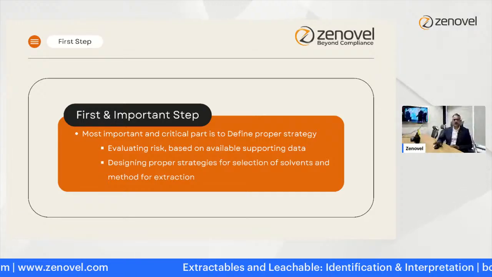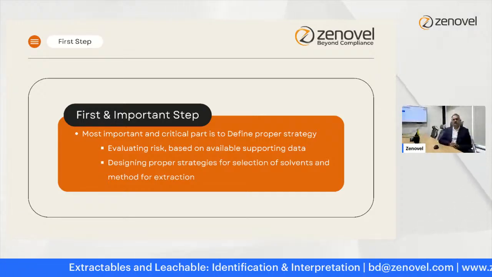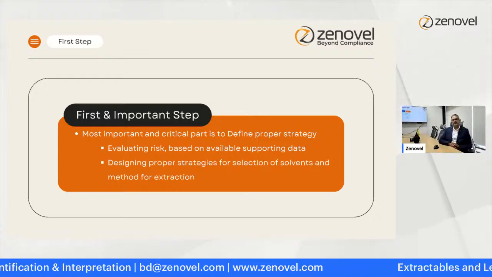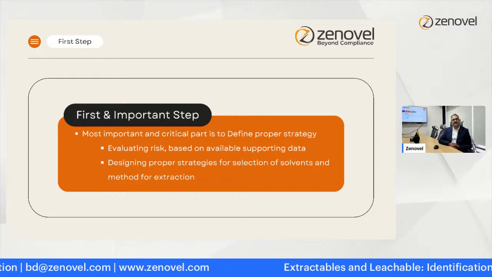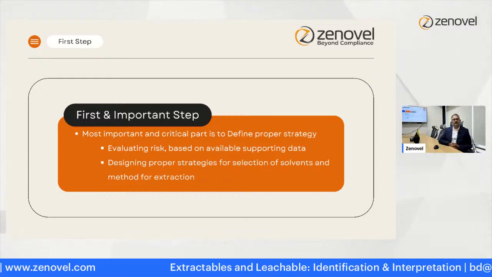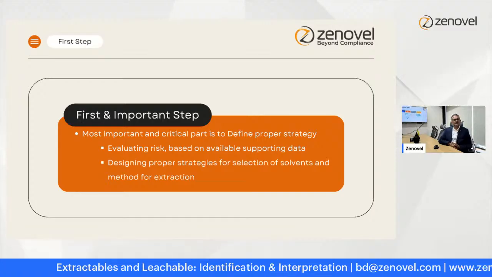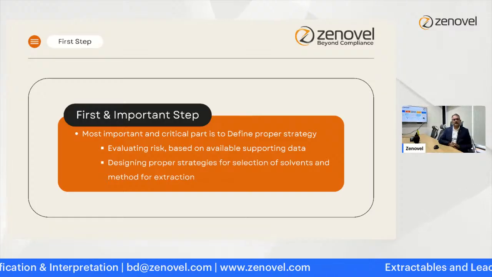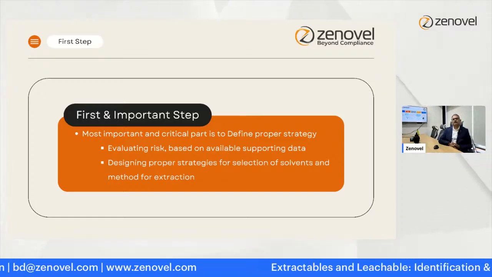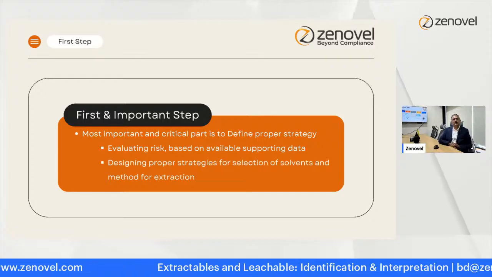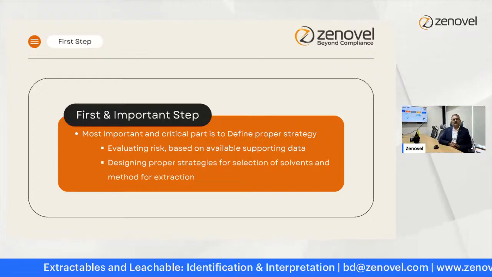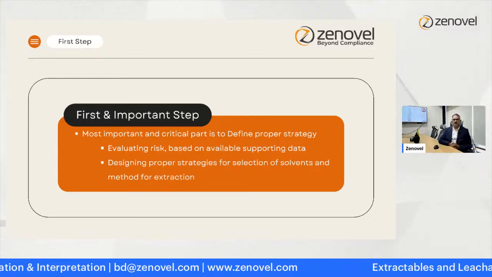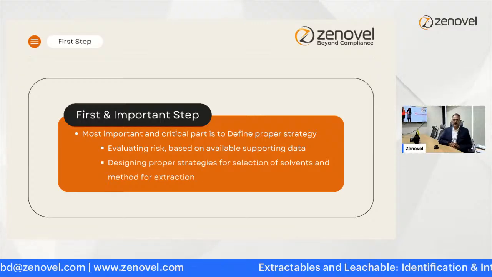Without a strategy, we cannot identify the potential extractables and leachables. So how do we define a proper strategy? There are two steps that are very important before performing any extractable and leachable study. First, we have to evaluate the risk based on the available supporting data. For example, for any CCS we have the COA of the material used for its construction. From this material, we first have to identify whether there is any potential toxic impurity and what its limit is.